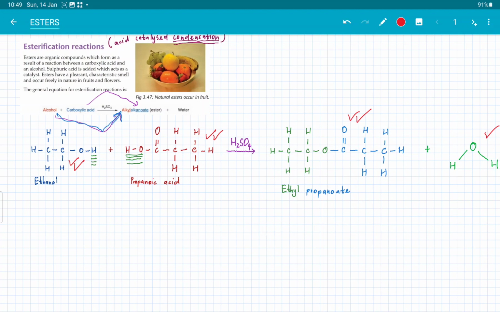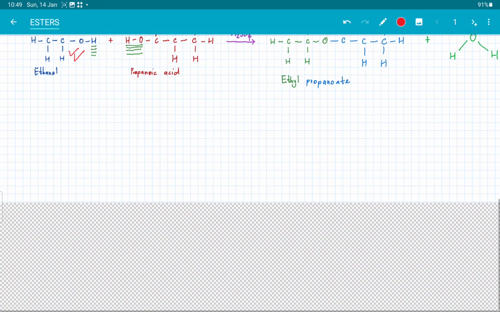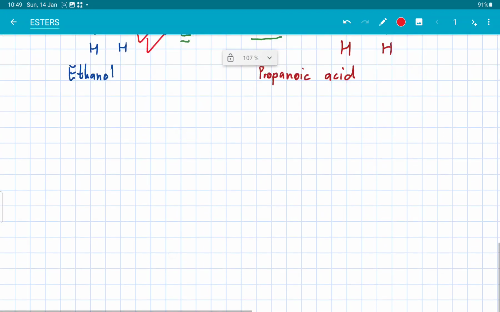When you use structural formula throughout, regardless, put in the catalyst, because the subsequent question may say write down the formula or the name of the catalyst. So the catalyst is sulfuric acid.